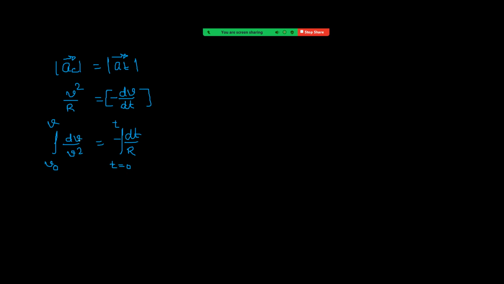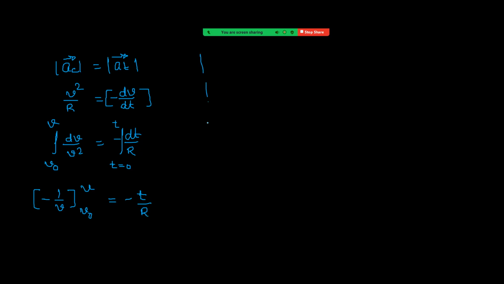Now this is 1 by v square, or v power minus 2. The integration of v power minus 2 is v power minus 2 plus 1 by minus 2 plus 1, that is minus 1 by v. Minus 1 by v with limits v naught to v equals minus t by r. Okay.